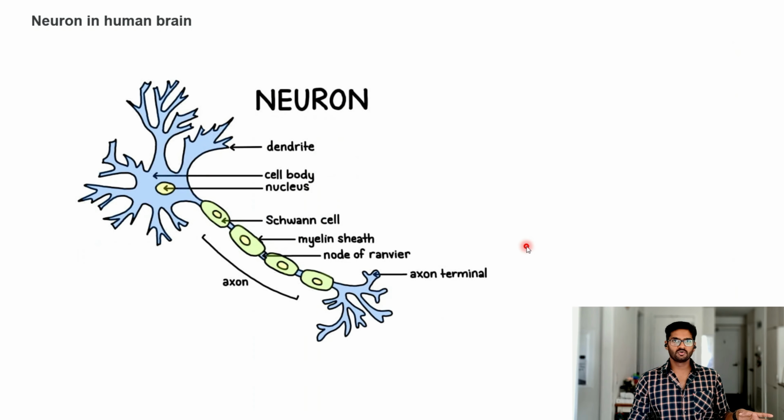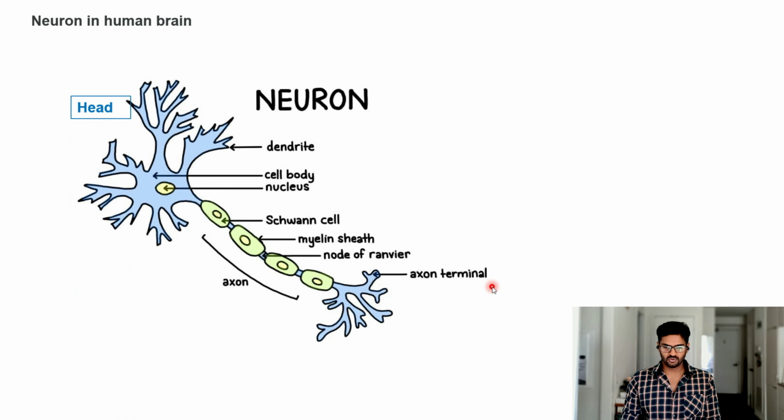So here's an image of a neuron taken from the internet. You should ignore all of these names, for example, dendrite, cell body, and so on. We are not looking into the biology of it. We're looking into the mechanics of neurons. Our task is to mimic how neurons work, and to do that we have divided neurons into 3 parts. Number 1 is the head of the neuron.